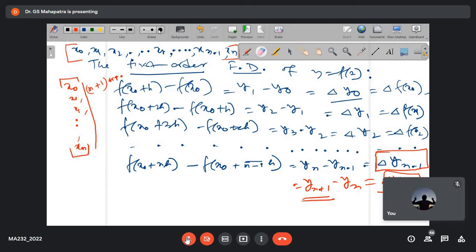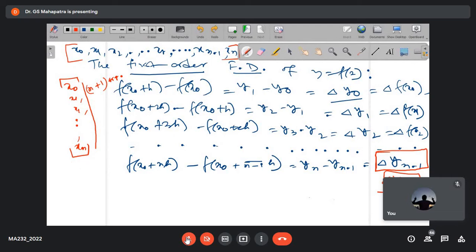So I have to erase this last part. You can't find this one; del of yn does not exist here. But if you have x of n plus 1, then you can find this one. That means if you divide the interval a comma b into n plus 2 arguments, then it is fine. But our discussion is up to n. Let us see for here.